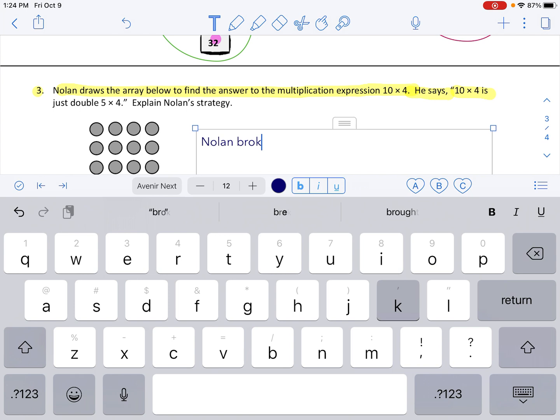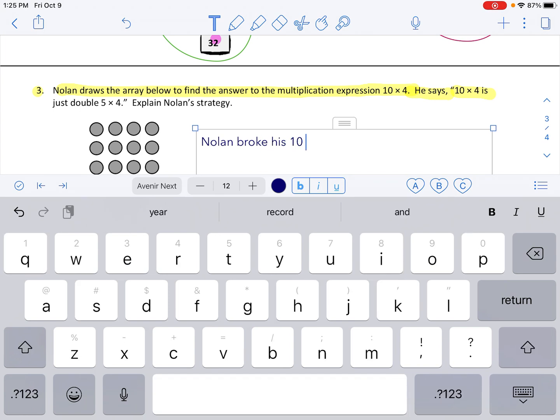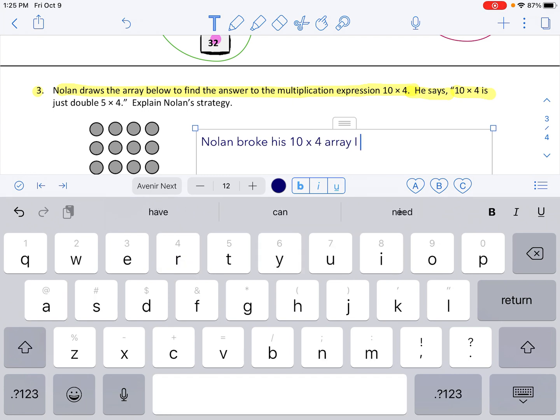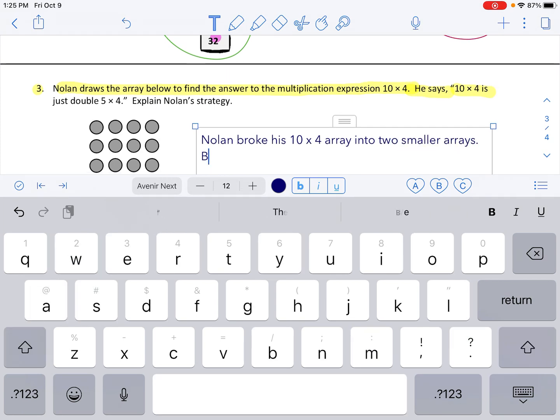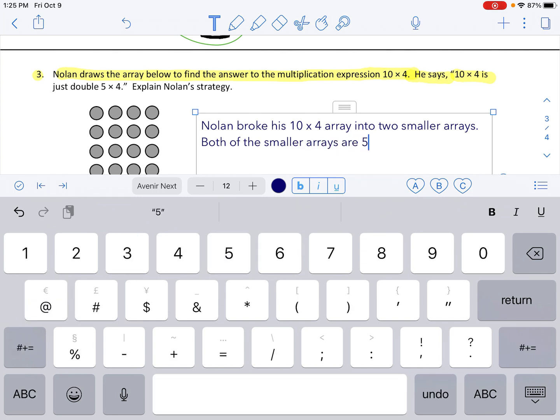Nolan broke his 10 times 4 array into 2 smaller arrays. Both of the smaller arrays are 5 times, whoops, not minus, 5 times 4. That's all I have to do.